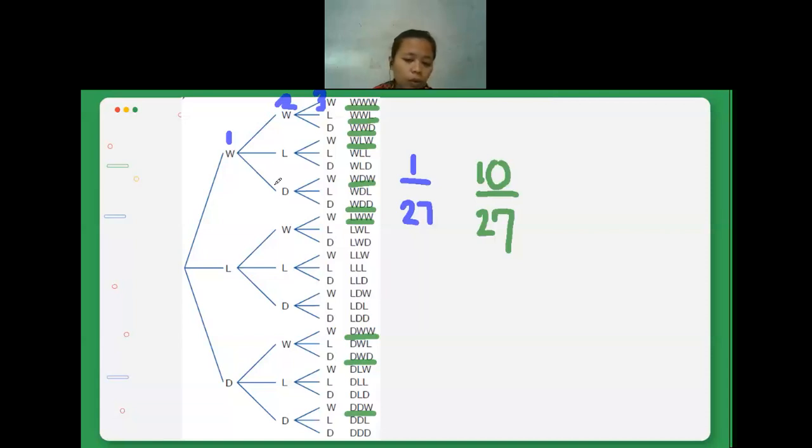Anyone knows how many it will be for the probability? 17. Are you sure? It's supposed to be higher, I think. For real? Yeah. I already counted the one that have L. Check it again. At least one L, because it says loses at least one match.